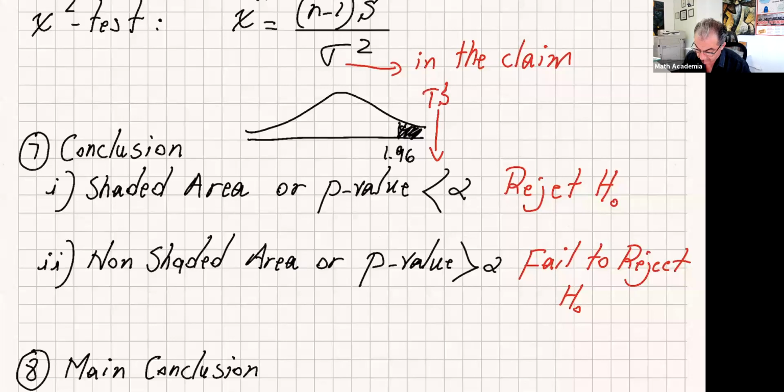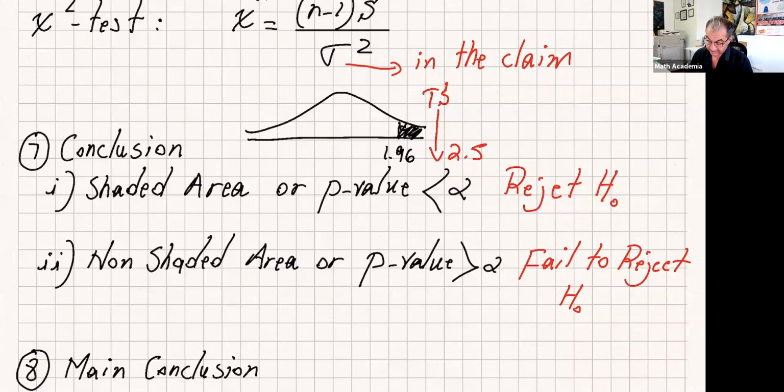And let's say that number is 2.5. That means we are in the shaded area. So test statistics falls in the shaded area because it's greater than the critical value. Then you say reject H0.